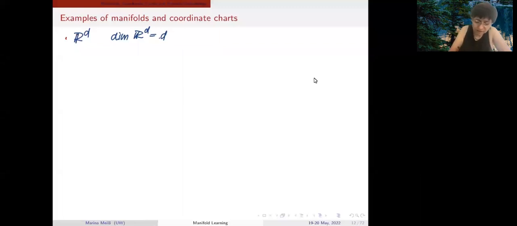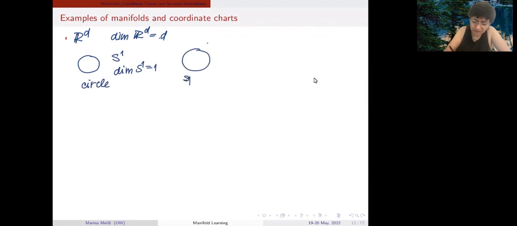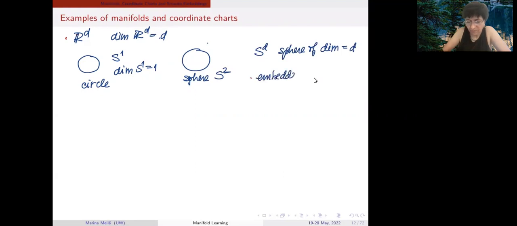Another set of simple examples are the circle, the sphere, and in general S^D, the sphere of dimension D. Notice that all these spheres must be embedded in D+1 dimensions.